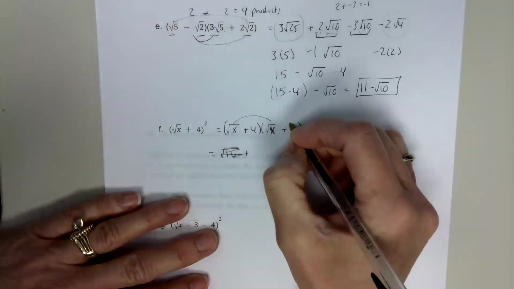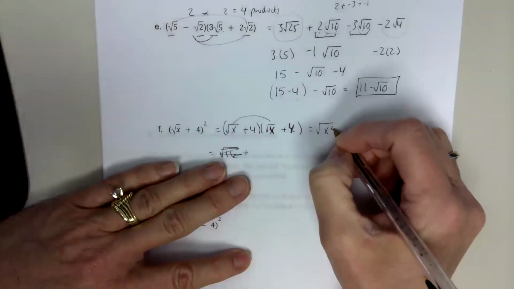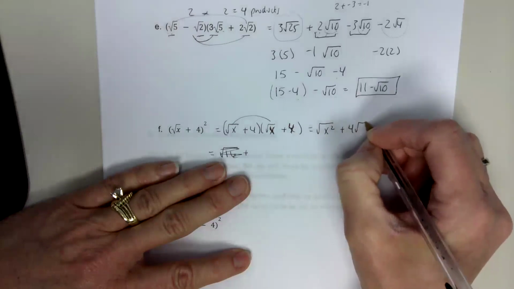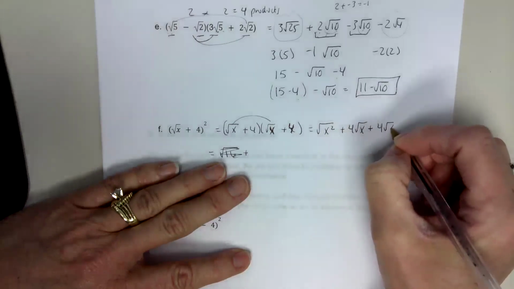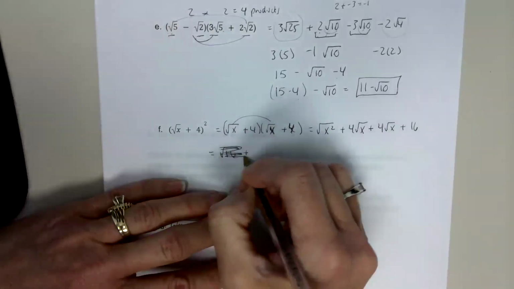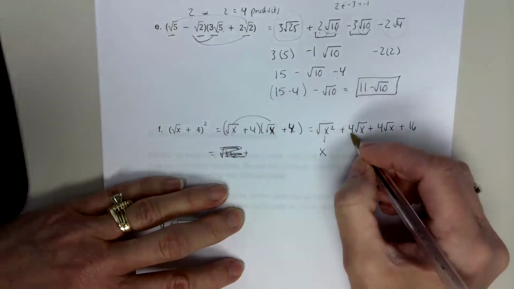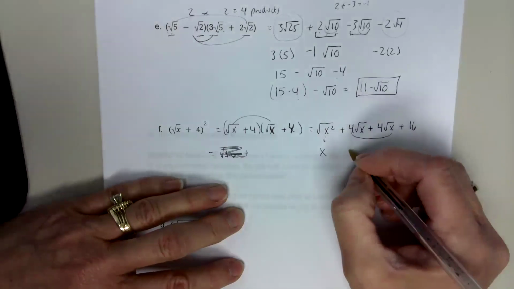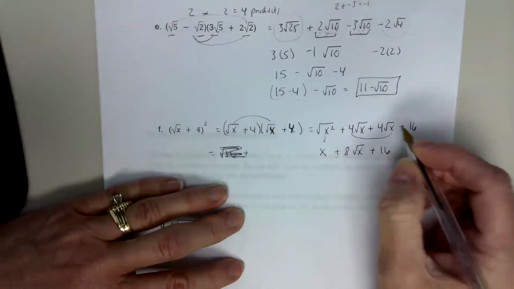This is x and this is 4. So we have the square root of x squared, plus 4 times the square root of x, plus on the inside is 4 times the square root of x, plus 16 on the last. This simplifies into x, and then we have two like terms here. So we have x plus 8 square root of x plus 16.